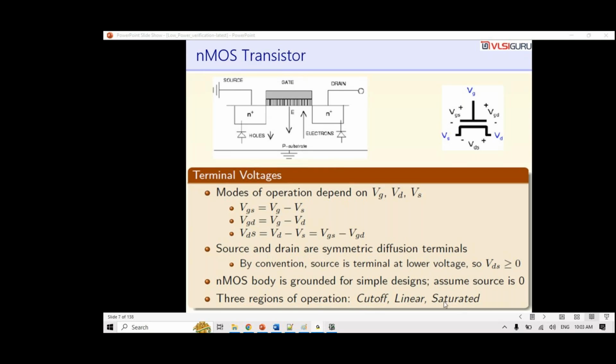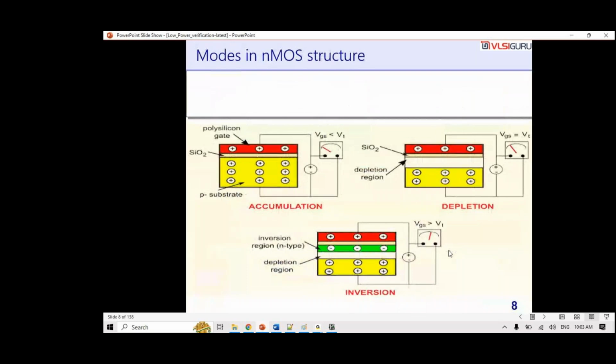But before we go into understanding cutoff, linear, and saturated, let's briefly talk about what are the three operating modes in NMOS structure. Okay. So as you can see, there is a mode where you have applied a voltage which is less than the threshold voltage, so you still haven't accumulated any electrons here, first thing, okay.